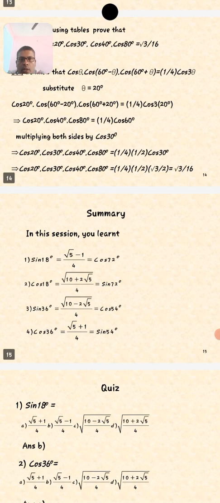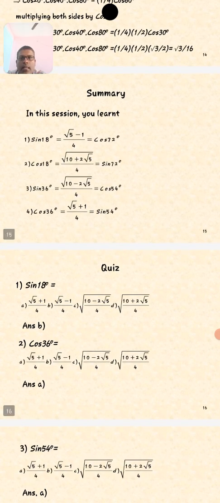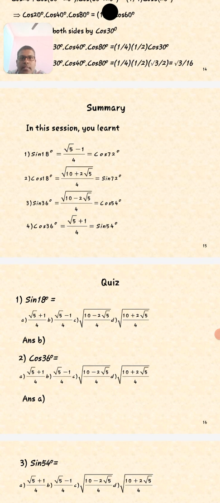Now we see the summary. In this session you learned sine 18 degrees. What is the value of sine 18 degrees? Root 5 minus 1 by 4, which is also equal to cos 72 degrees. Number 2, cos 18 degrees is equal to root of 10 plus 2 root 5 divided by 4, which is also equal to sine 72 degrees.